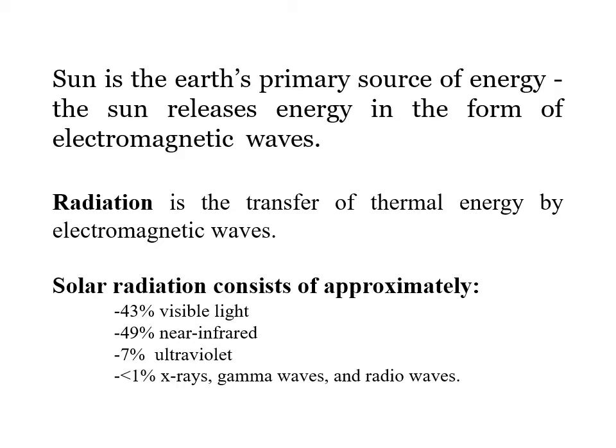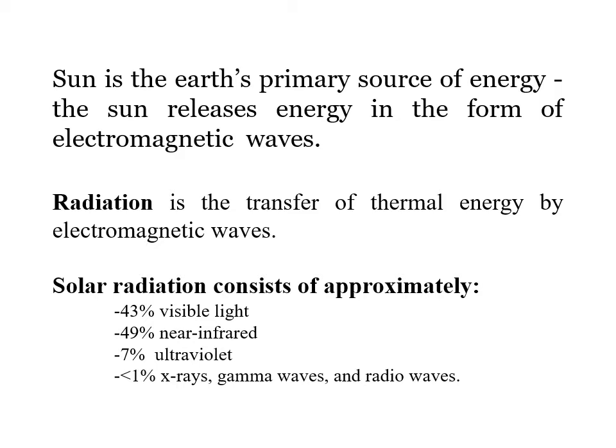In nuclear fusion, four hydrogen nuclei, having only four protons, fuse with each other and form a helium nucleus. Now we all know that helium has two protons in its nucleus and two neutrons.